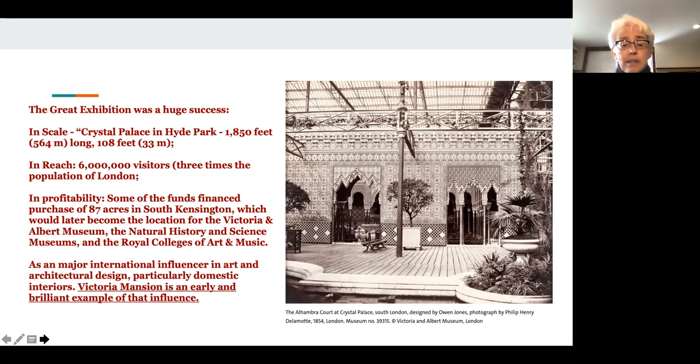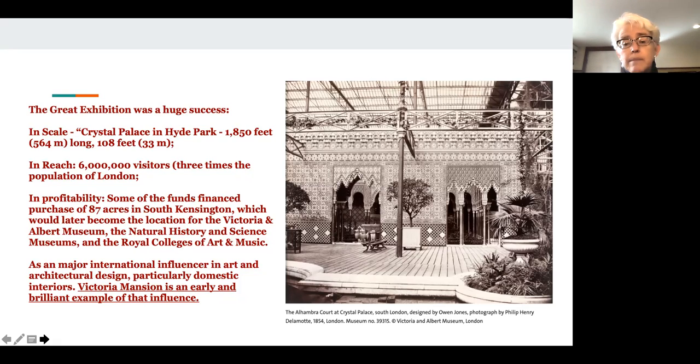Again, this is another indicator of just how influential this event and Albert's patronage had in the development of art and architectural design, so that the treatise of Owen Jones and so on really gained even more traction after their exhibition at this great event.